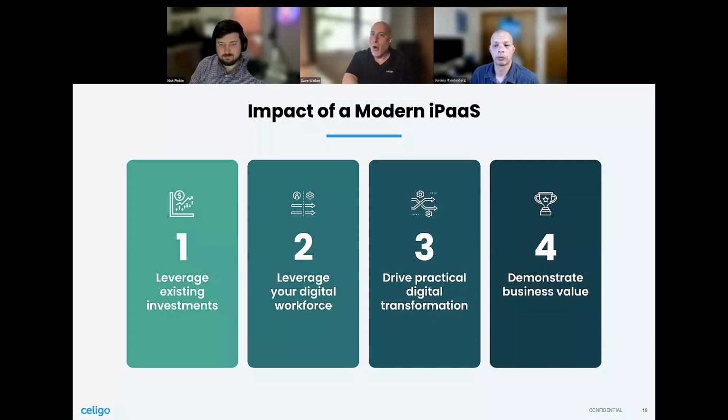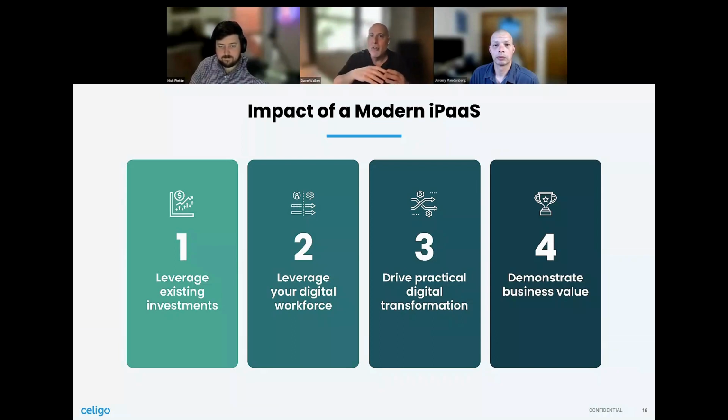work. And then all of it, right? In times of economic uncertainty, in times of high risk, you want to be able to demonstrate the business value of the investments you've made, of the decisions you've made, and the actions you take. So that's where a modern iPaaS really can help drive these things forward.